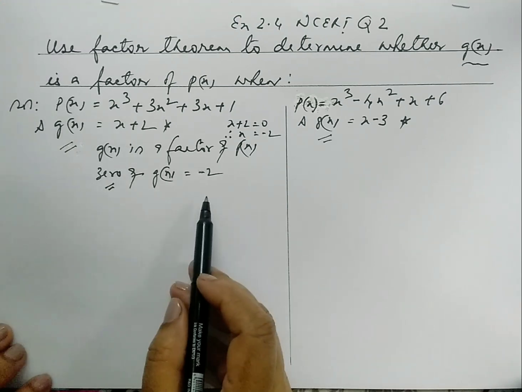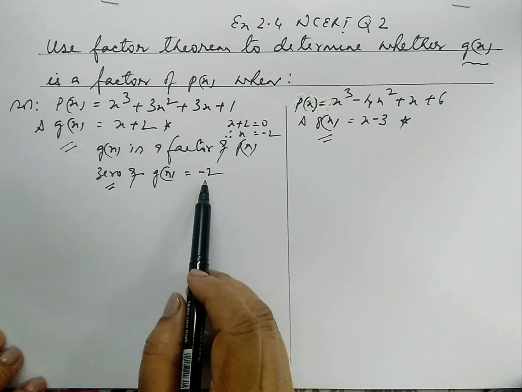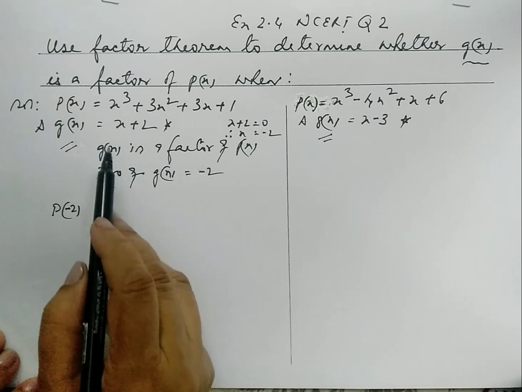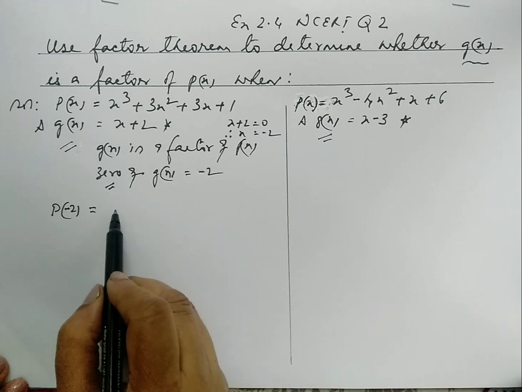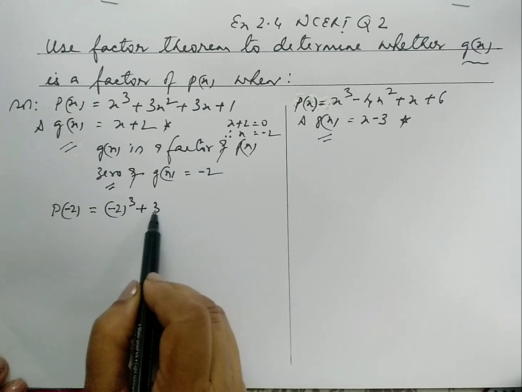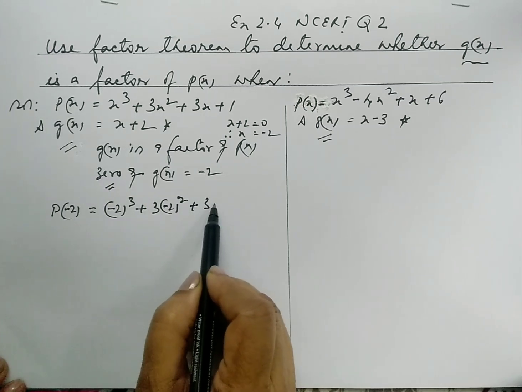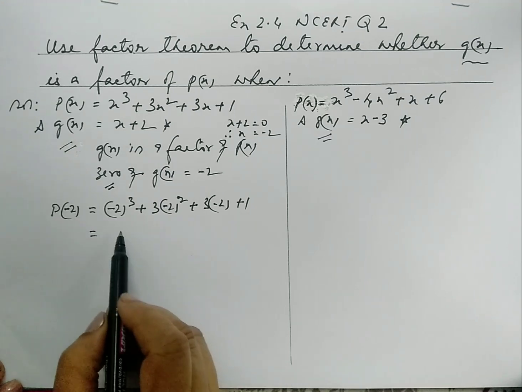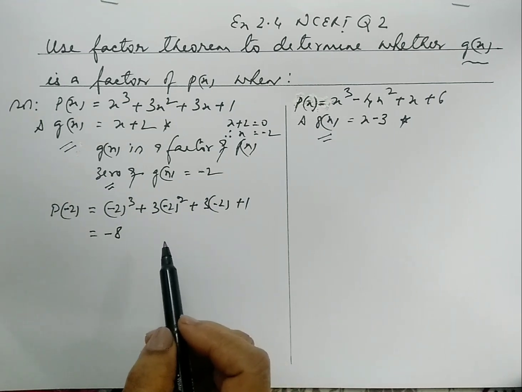Alright. So having got the zero of g(x), we put minus 2 into the main polynomial and see whether we get a 0 or not. So minus 2 cubed here, 3 times minus 2 squared here, and plus 1. Here we'll get a minus 8, isn't it?